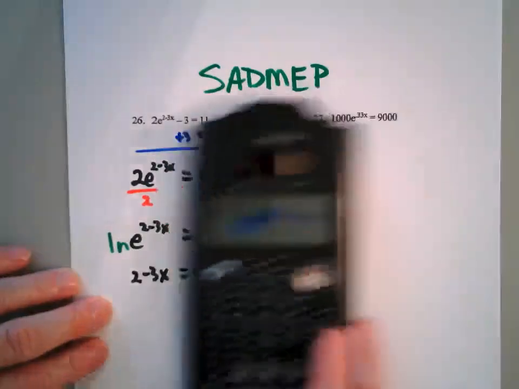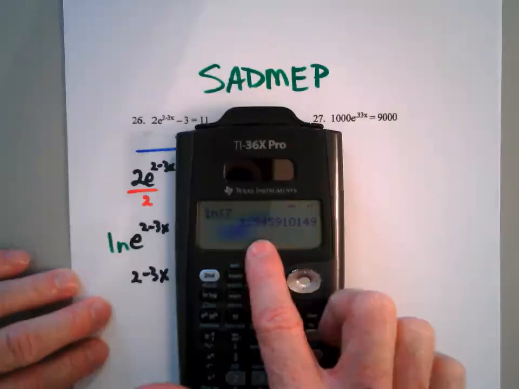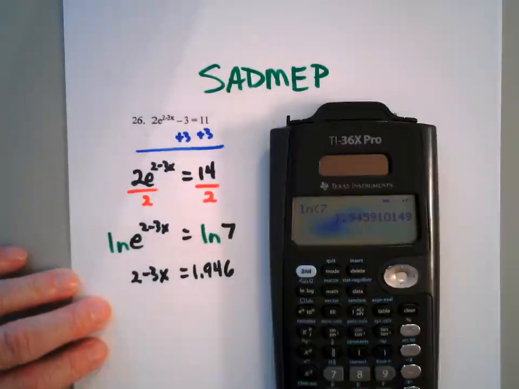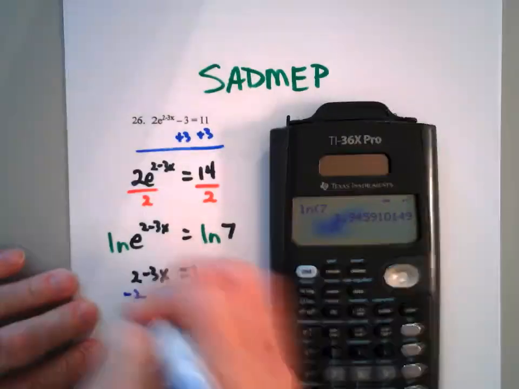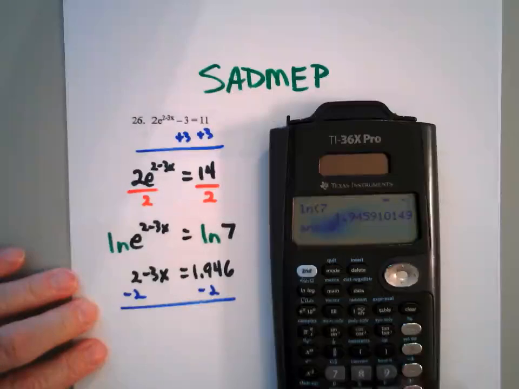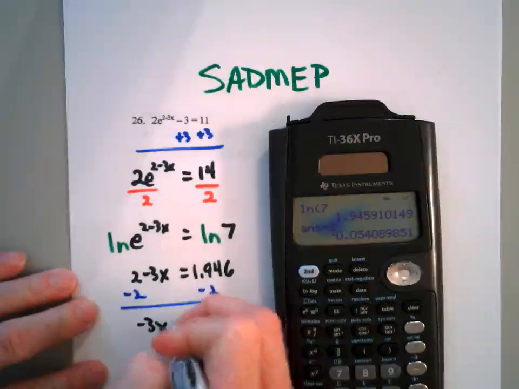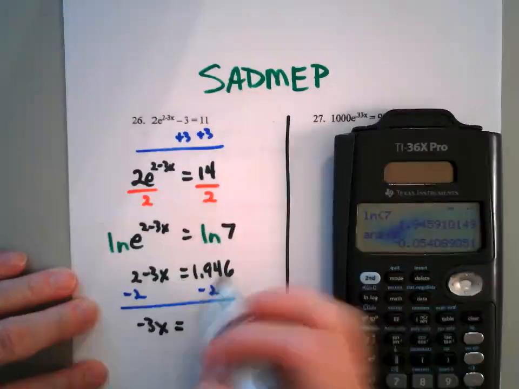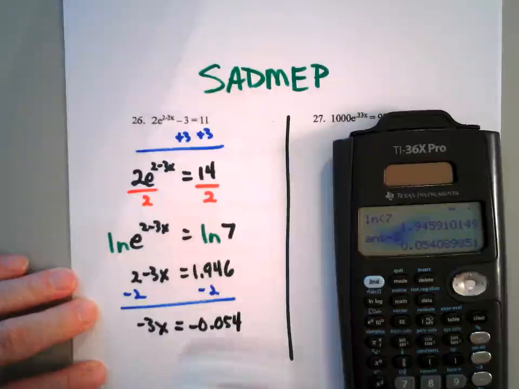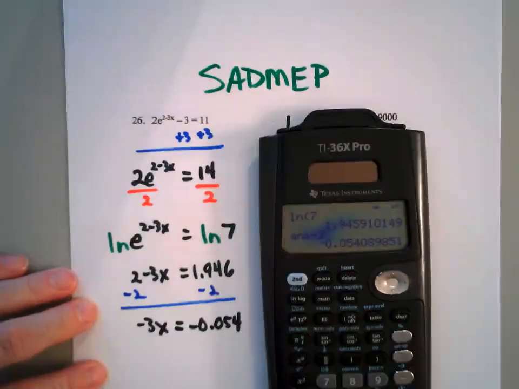Now, as I calculated, I'm just going to leave all that in the calculator. I'm not actually going to retype 1.946. Keep solving, so we'll subtract 2. Minus 2. Negative 3x equals negative 0.054. We'll do one more.